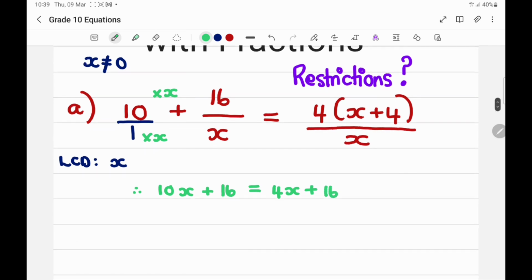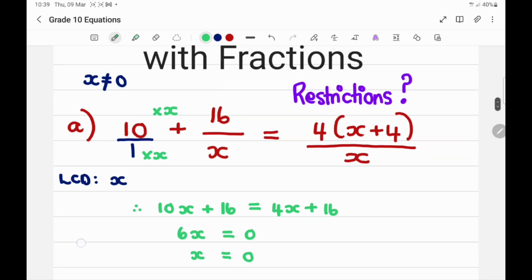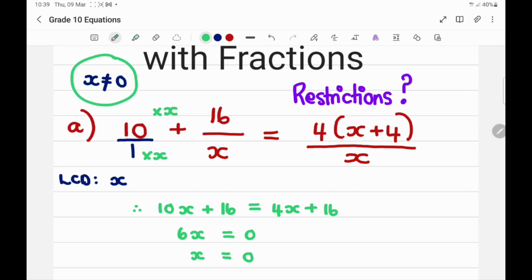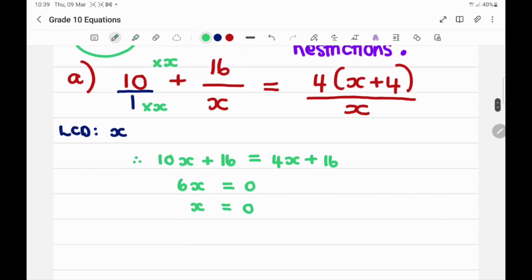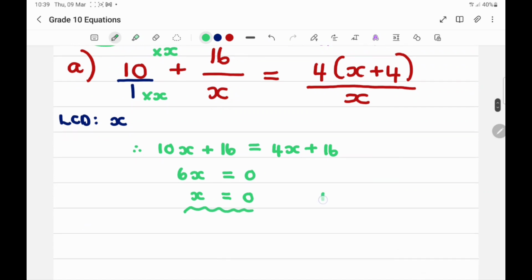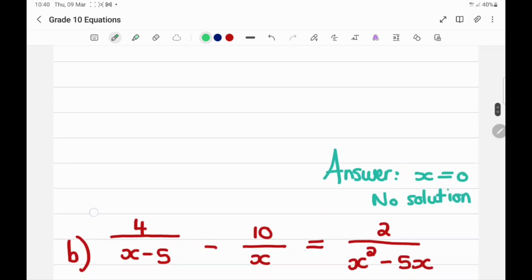Then 10x minus 4x is 6x is equal to 16 minus 16, which is 0. Divide by 6 on each side, and I get x is 0. But if I look at my restrictions, it says that x can't be 0. Because this is your only answer, you write, but x can't be 0, thus there's no solution.